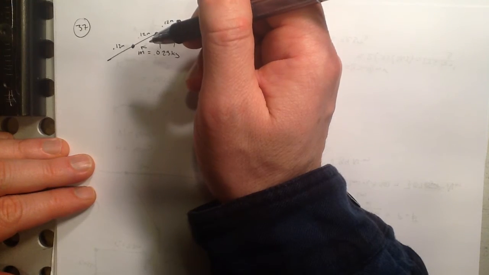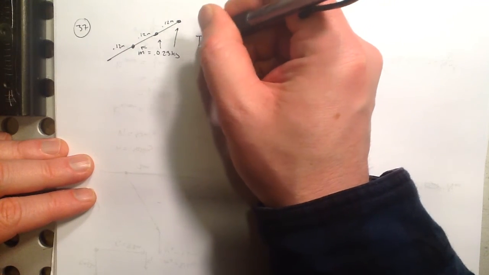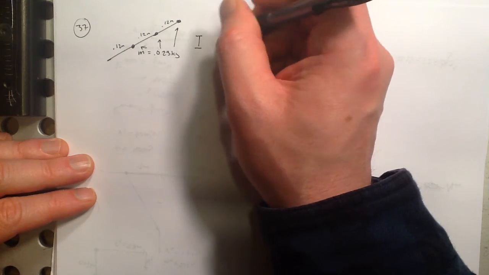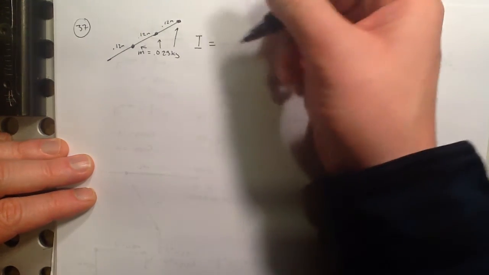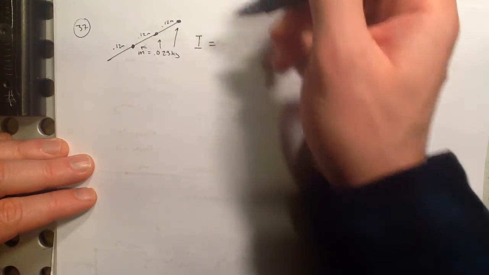They're fastened to 3 rods of negligible mass, so we don't have to worry about the moments of inertia of the rods. So let's just go ahead and calculate that I. The I of the whole assembly is just 3 particles, mr squared plus mr squared plus mr squared.